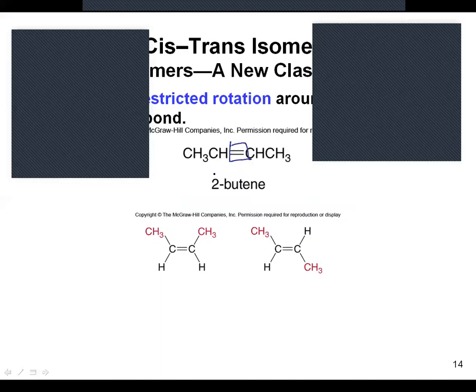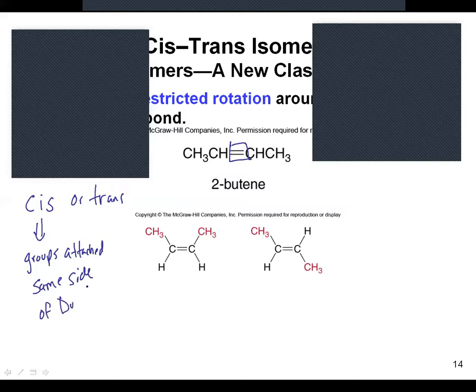And when we get into double bonds and isomers, we get what are known as cis or trans isomers. And cis means that the groups attached are on the same side of the double bond.